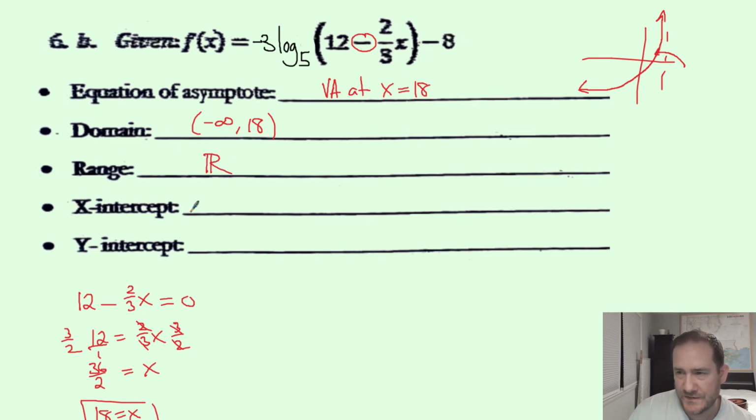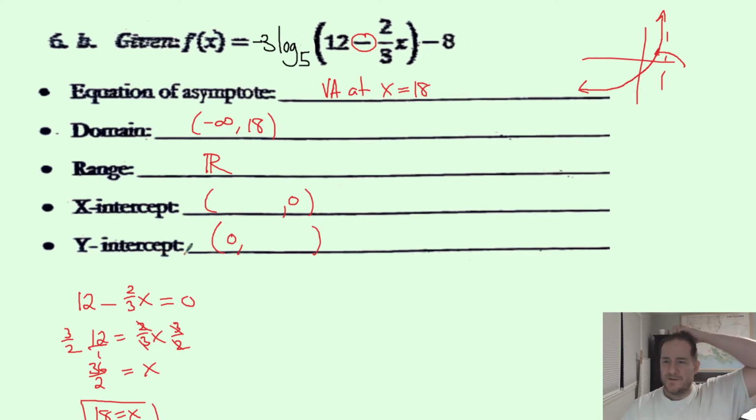You also know that to find your x-intercept, you're going to let y be 0 and solve for x. To find your y-intercept, you're going to let x be 0 and solve for y. So if you know that x is 0, that's probably the easier thing. You're just going to substitute x in up here and see what happens.